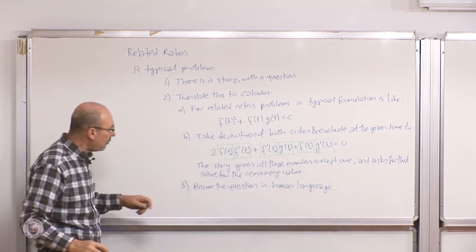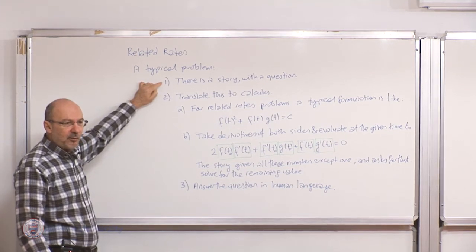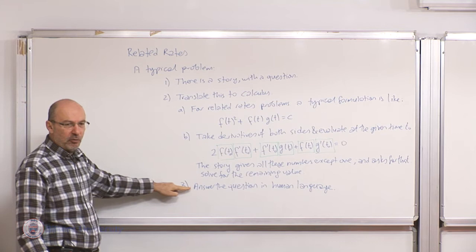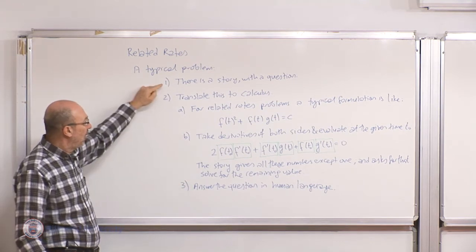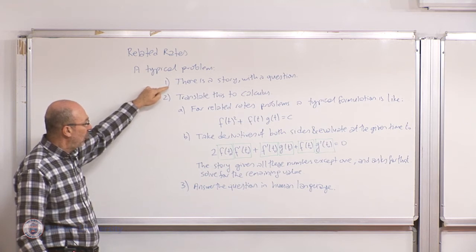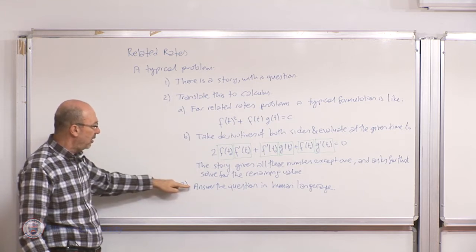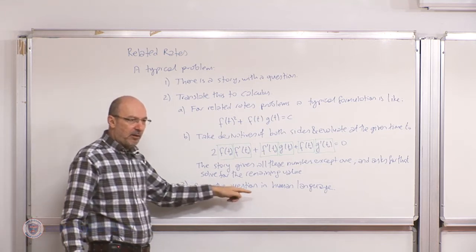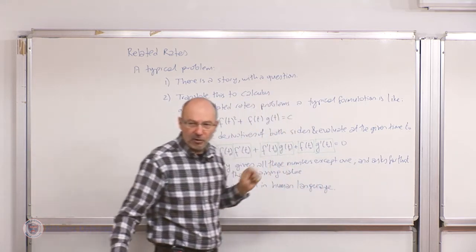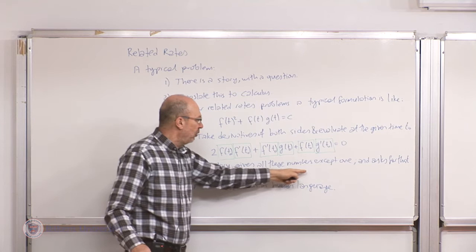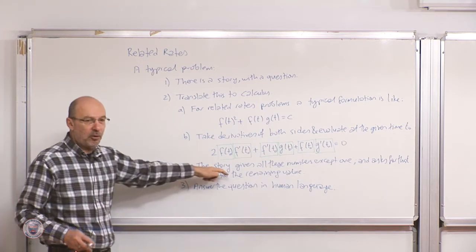For example, if this says how fast something is changing, and you say theta equals pi over 2, that's not the answer. You have to go to the story, understand what is asked, and then say, when those things are happening, the thing that we are interested in is changing at a certain rate. That's the answer. When here you find that t equals 5 or g prime equals 7, that's not the answer. That's the answer to the calculus problem.